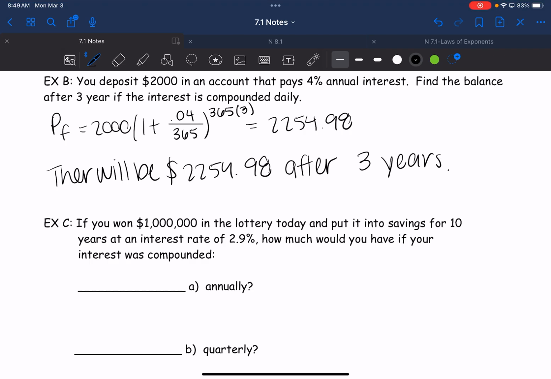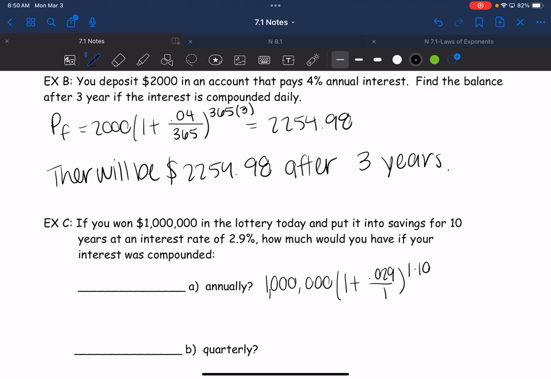So let's see. For our annually, we'd have 1 million times 1 plus that rate. And you guys said annually meant it was only happening once. So divided by 1. And this is over the course of 10 years. So 1 times 10 would be my exponent. All right. So how much would we make if it was compounded annually?